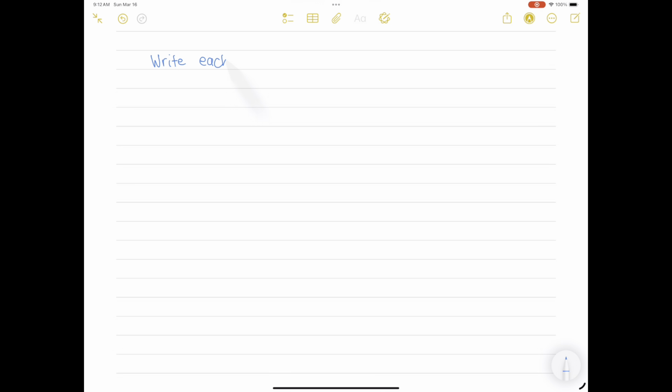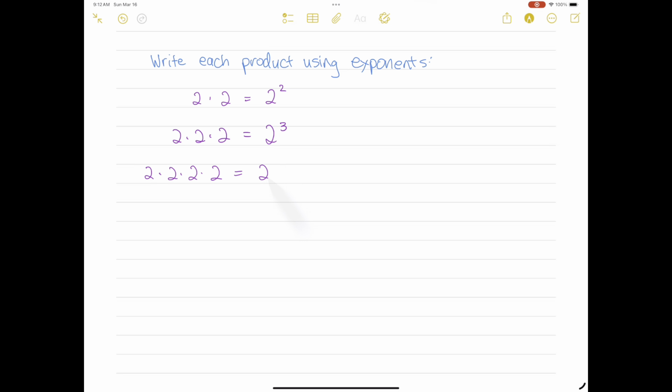Write each product using exponents. 2 times 2 equals 2 to the second power, or 2 squared. 2 times 2 times 2 equals 2 to the third power, or 2 cubed. 2 times 2 times 2 times 2 equals 2 to the fourth power.